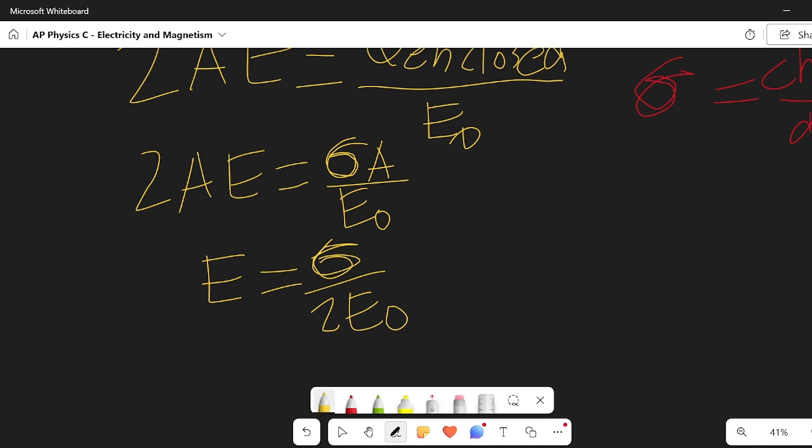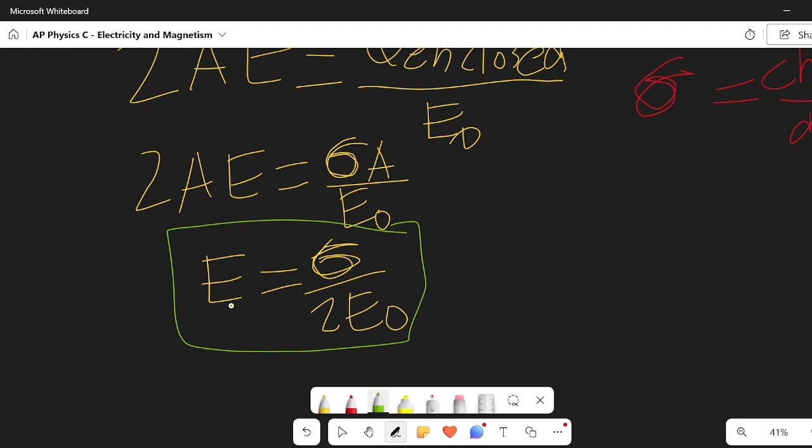And write this down, because we have just proven a formula: the electric field of an infinite plane of charge with charge density rho is equal to rho divided by 2 times E naught. So there we go.